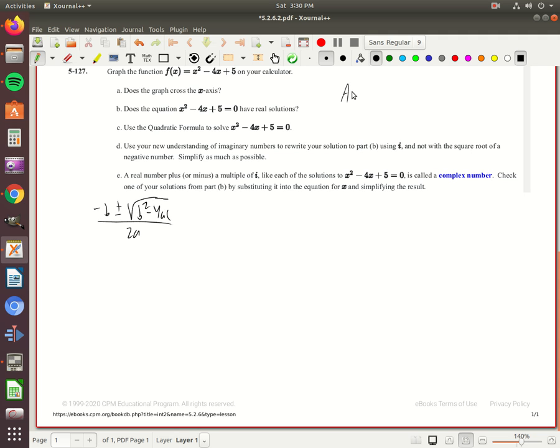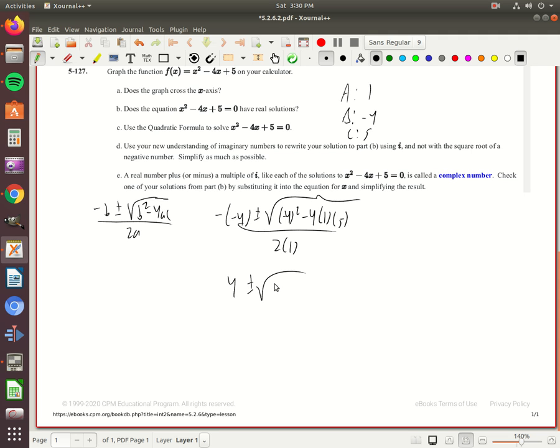So my a is 1, my b is negative 4, and my c is 5. So I'm going to get negative negative 4 plus or minus the square root of negative 4 squared minus 4 times 1 times 5, all of that over 2 times 1. So I will get 4 plus or minus the square root of 16 minus 20 over 2. So I'm going to get 4 plus or minus the square root of negative 4 over 2.